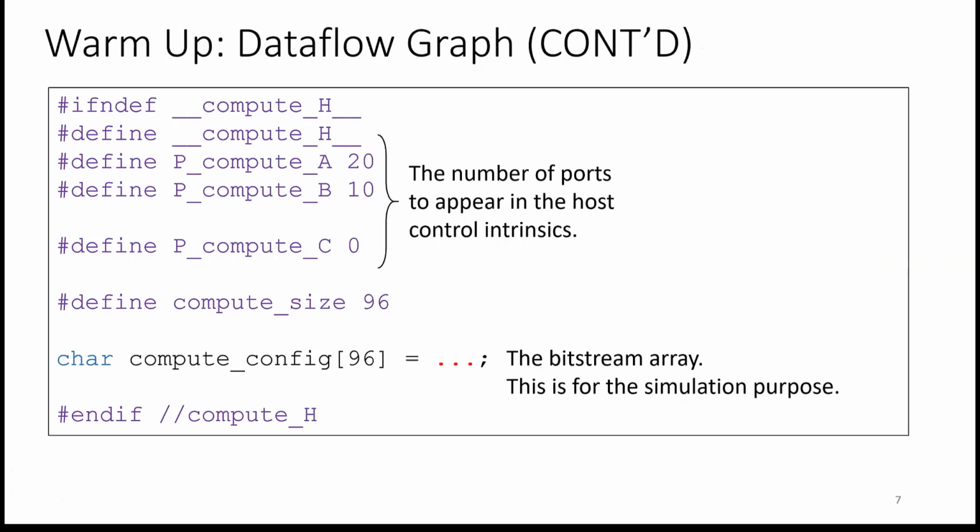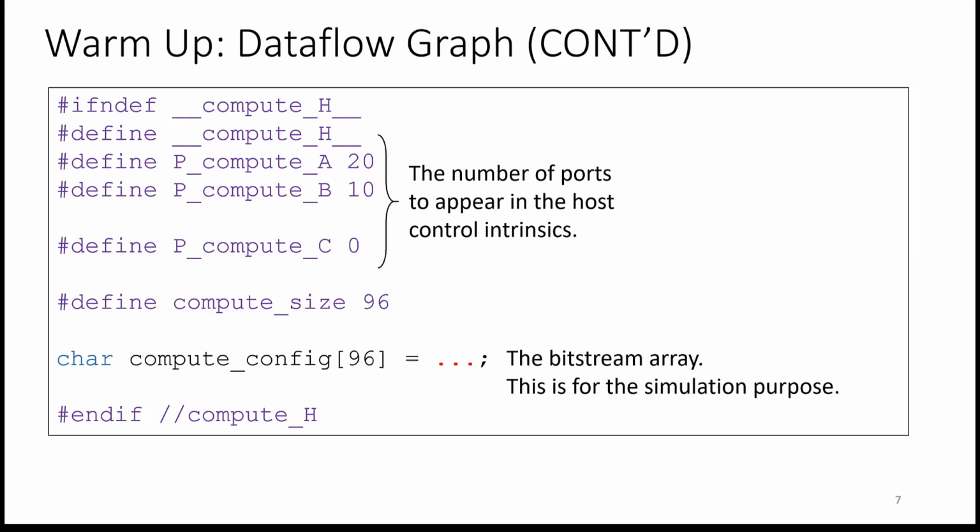The p_compute_a, b, and c give the numbers of the ports, and these numbers will be used to program the host control intrinsics. The compute_config is a byte array. This array is the bit stream for the spatial architecture configuration. Configuring the spatial architecture is essentially loading the routing information and the opcode into the config registers.